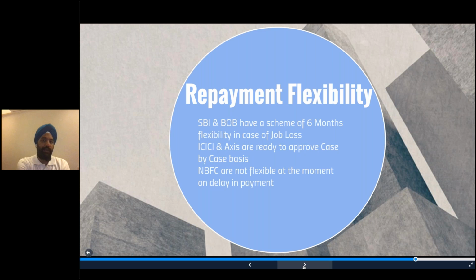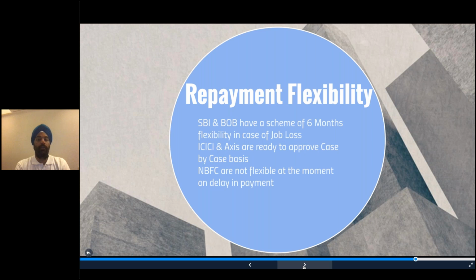So this is where various financial providers have their own way of functioning. For example, we checked with Bank of Baroda. Bank of Baroda has a scheme wherein they are ready to restructure the loan 3 times for 6 months each, which means that in case you lose your job, you can inform them, but it is important to inform them that you would not be able to pay the future EMIs for the next 2, 3, 4 months.